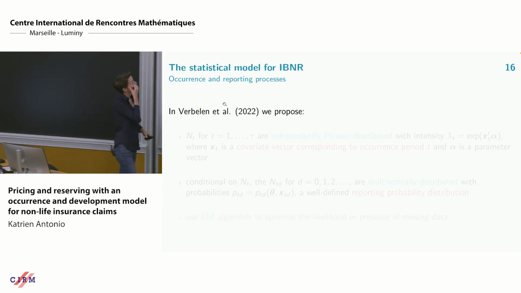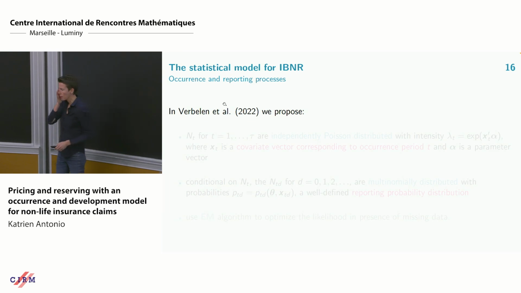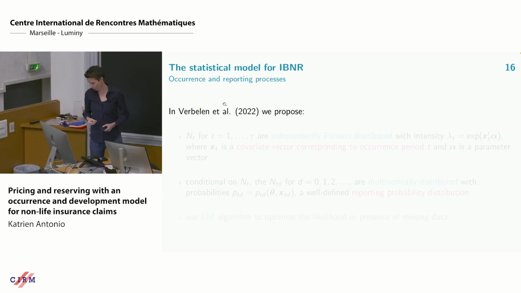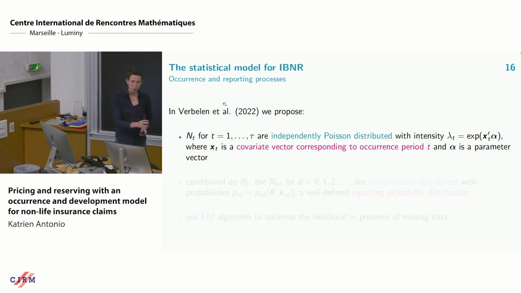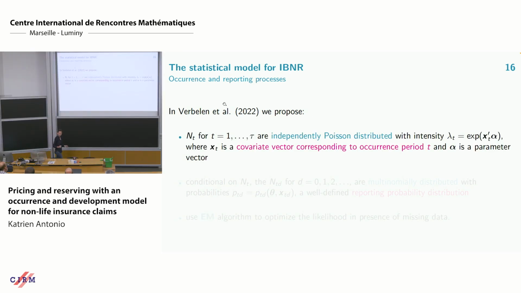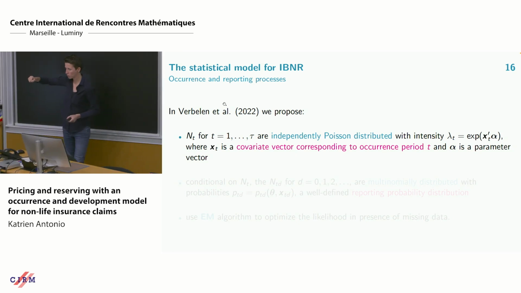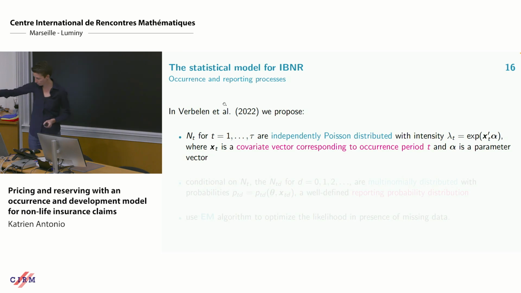Now, from our Statistical Science paper, the idea that I would like to launch right now, and which I'm going to recycle for the contribution that I present today, is the use of an occurrence and a development process, or an occurrence and a development model. So back in our research paper on IBNR reserving, we worked with, let's say, a Poisson model to model the number of claims that occur on a certain day t.